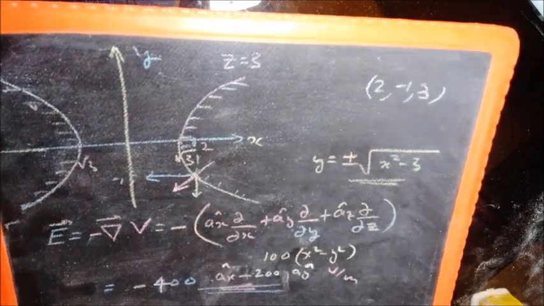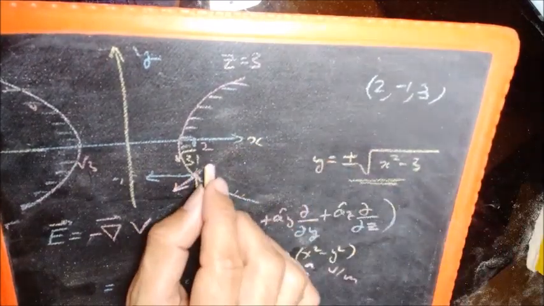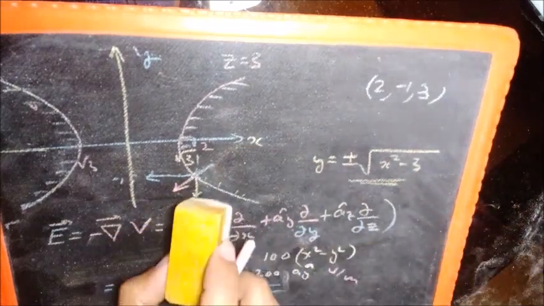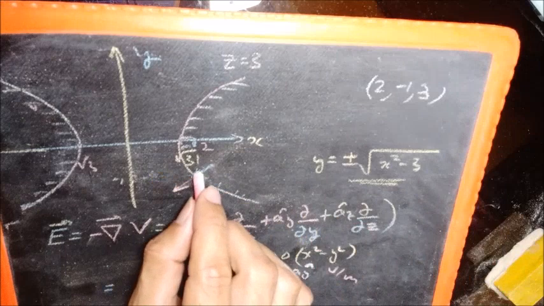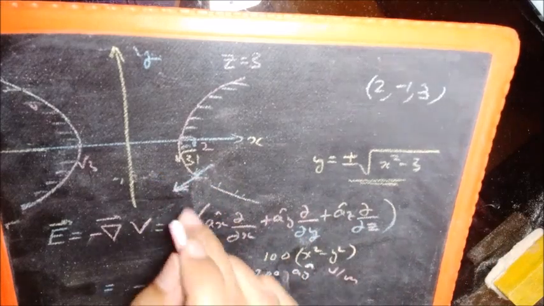If I roughly put together the components, I get the electric field like this. Now I can remove the components, otherwise I will have too many arrows there. This is the electric field.